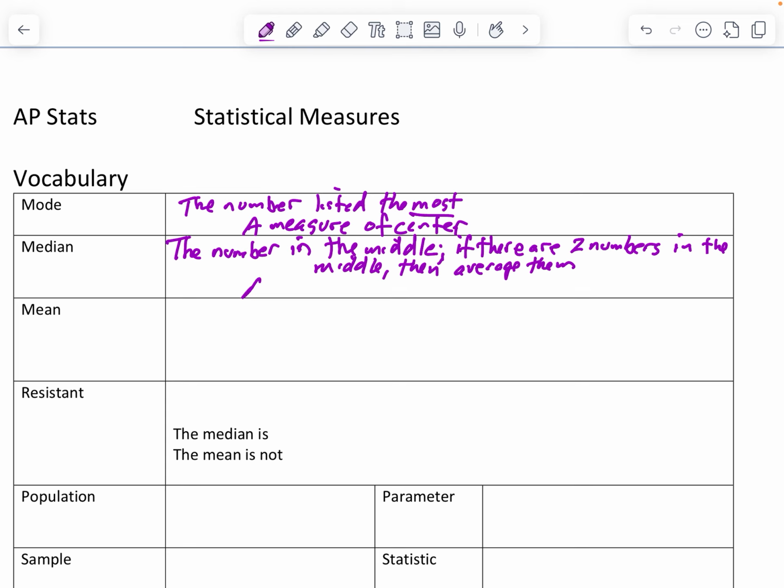This is also a measure of center. This is a measure that is used quite a bit more often in the work that we do.